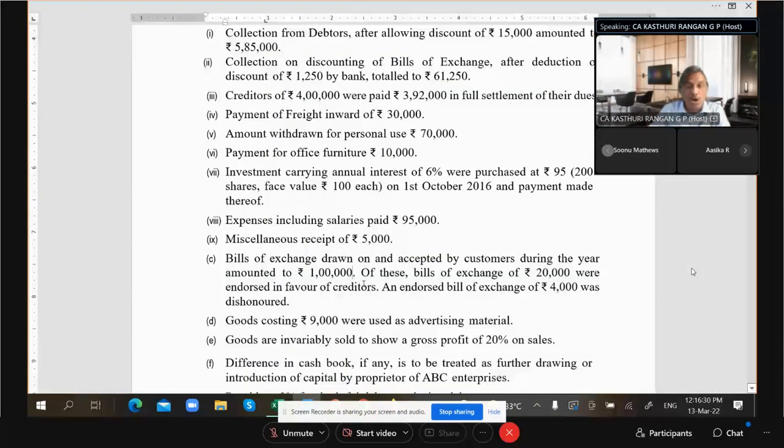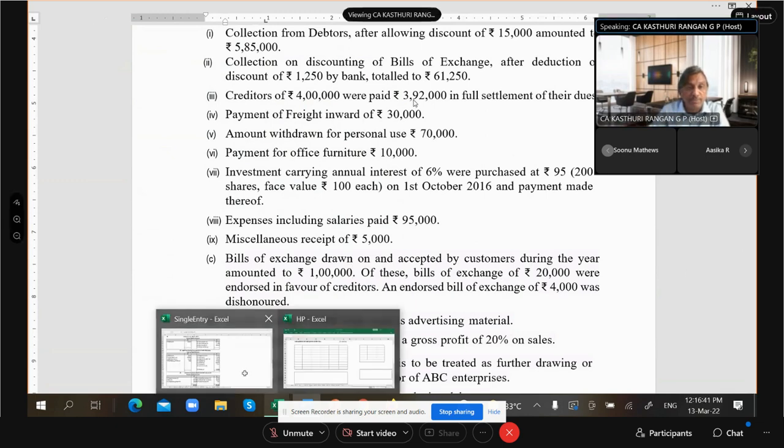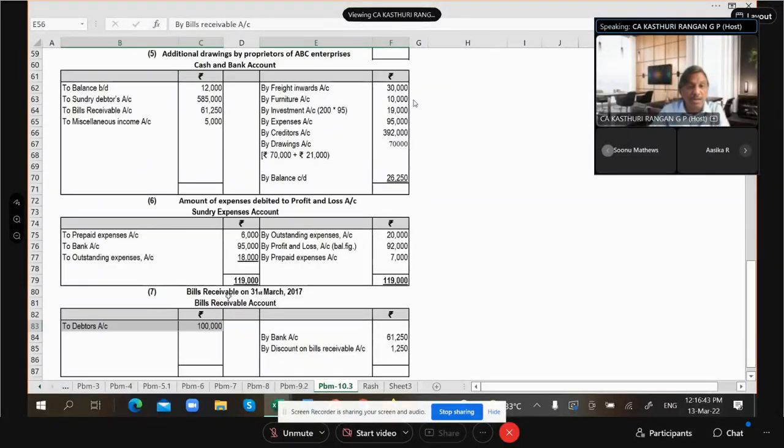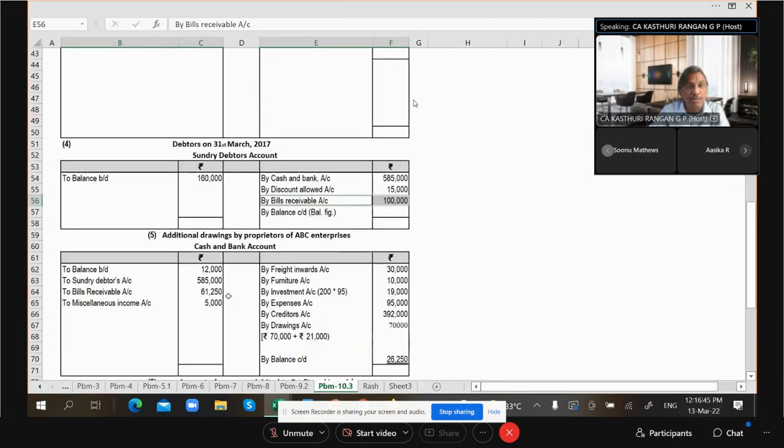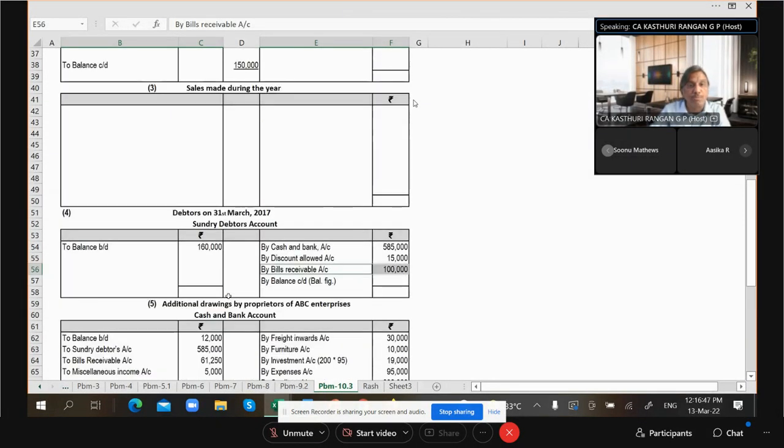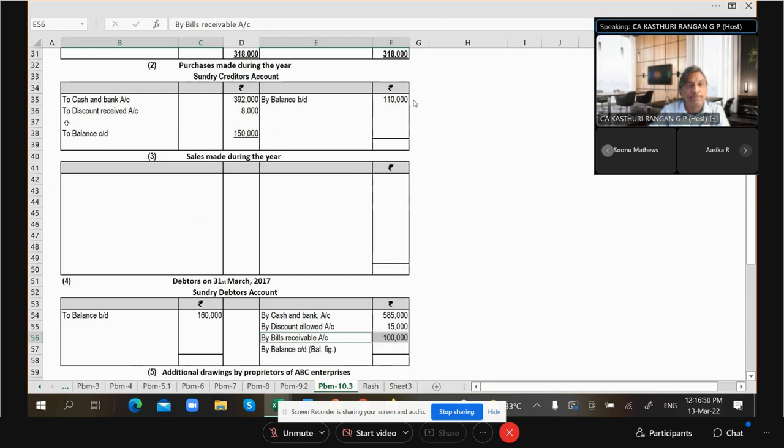Next. Of these, a bill of exchange of 20,000 is endorsed in favor of creditors. When the bill is given to creditors as an endorsement, what is the entry? Creditors account debit to bill receivable, 20,000. 1 lakh is received from the customer, 20,000 given to creditors.